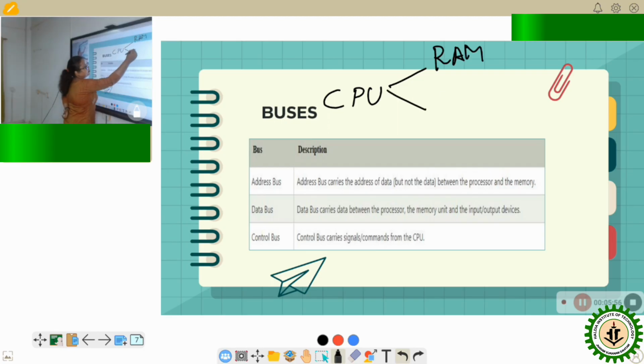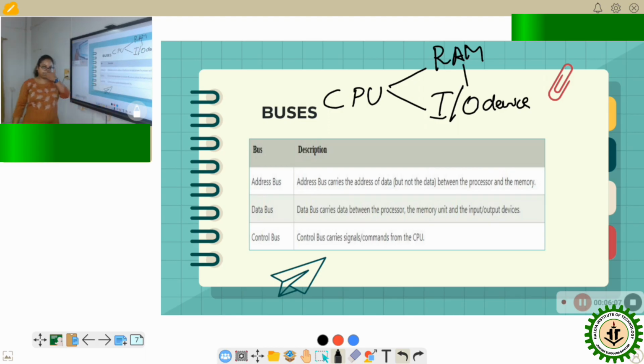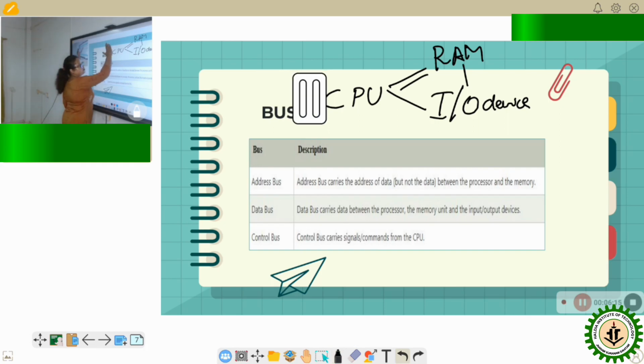Again, it is connecting with the IO device, and both are interconnected with each other. So that means this one is a bus. This is one bus, this is one bus, and this is another bus.